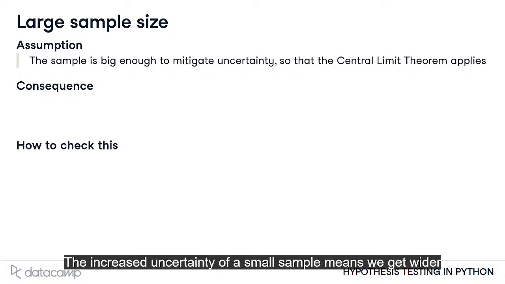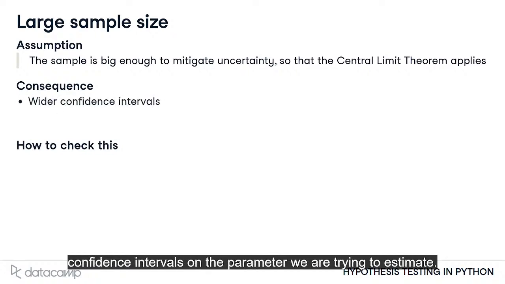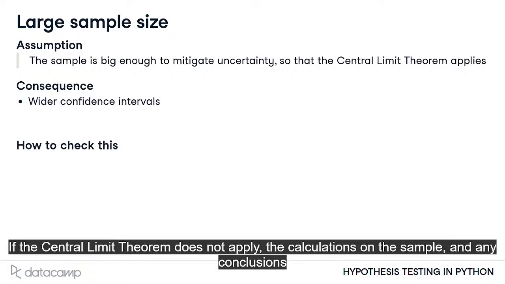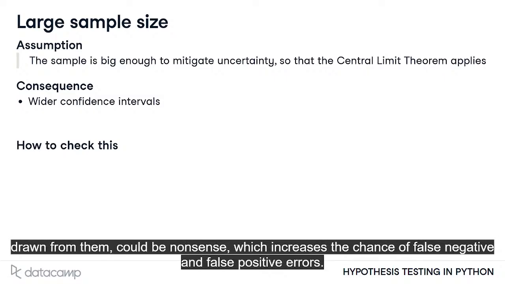The increased uncertainty of a small sample means we get wider confidence intervals on the parameter we are trying to estimate. If the central limit theorem does not apply, the calculations on the sample and any conclusions drawn from them could be nonsense, which increases the chance of false negative and false positive errors.